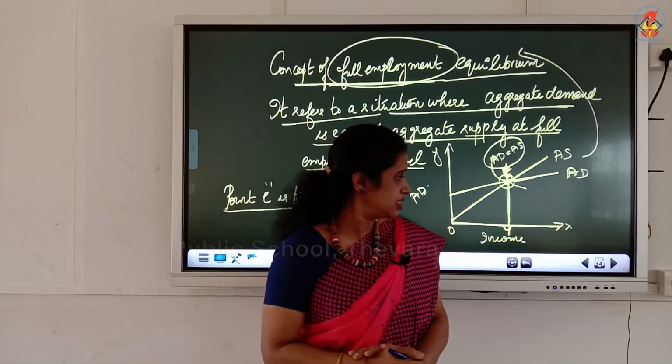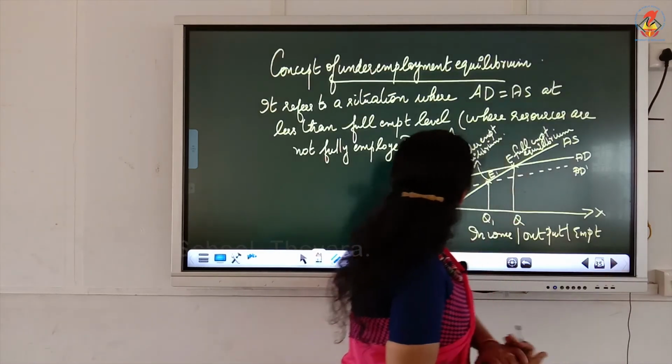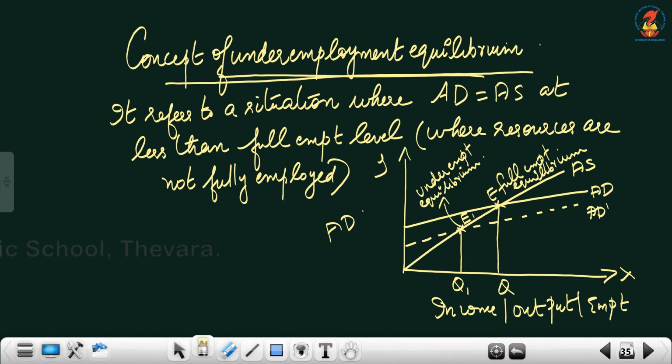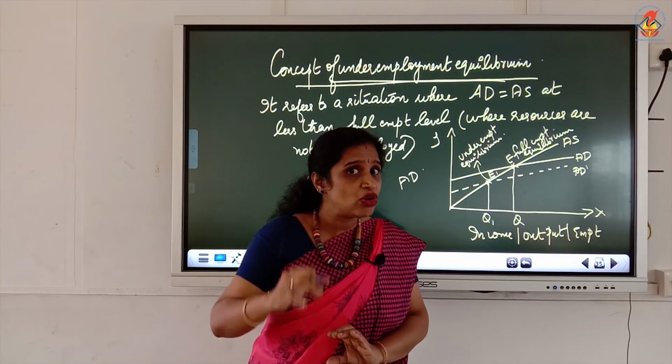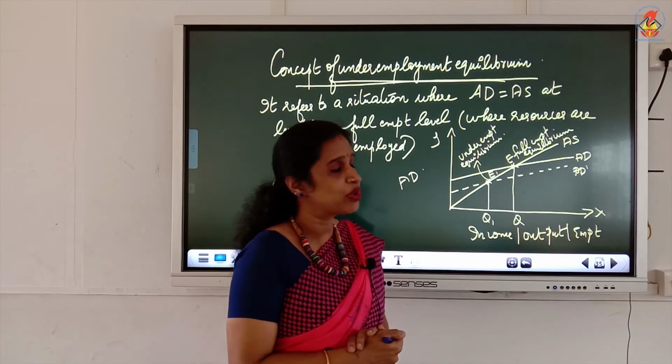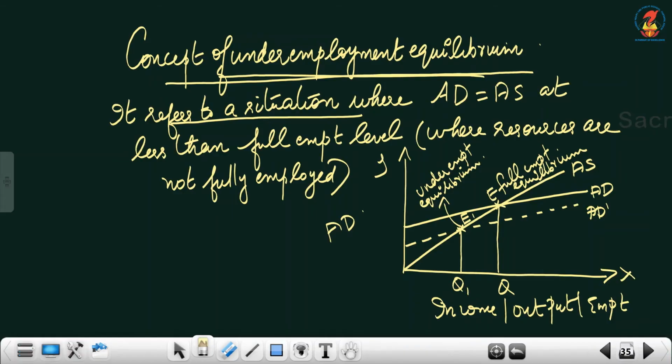Now next is the concept of underemployment equilibrium. What is this underemployment equilibrium? A point which comes below the full employment equilibrium is underemployment equilibrium. Let us see what that is.